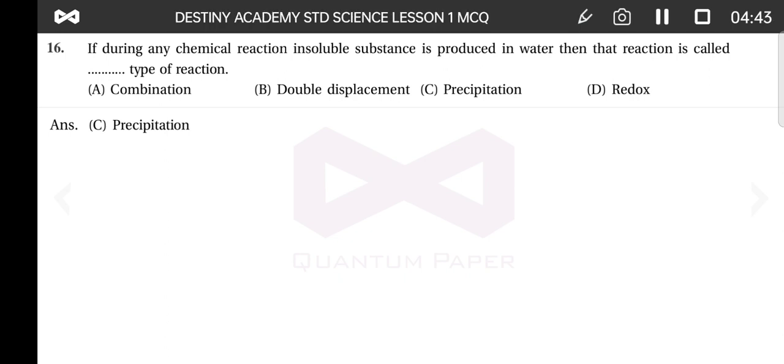So see, in our book, in double displacement reaction precipitate is produced, so it is also known as precipitation reaction. But it is not true for all double displacement reactions. It is only true in which this type of substance is produced.